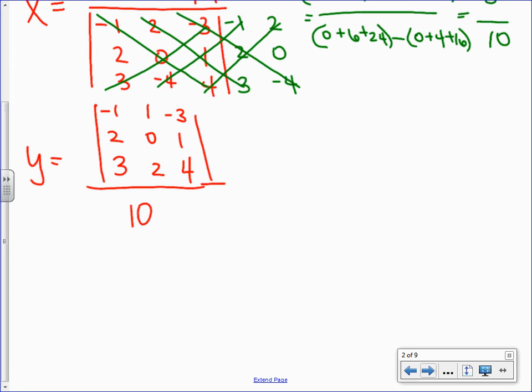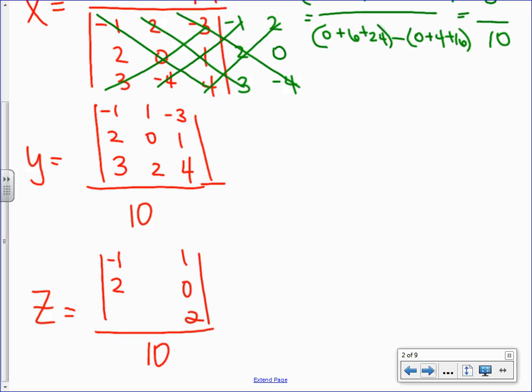Before we figure out what that is, let's talk about z. Our z value, we know the denominator is going to be 10 as well, right? And then in the numerator, we're going to change the z column to the 1, 0, 2. And the x's and y's should stay the same.